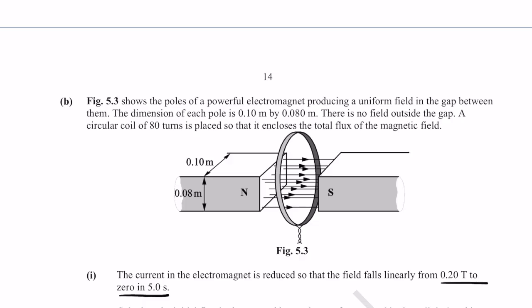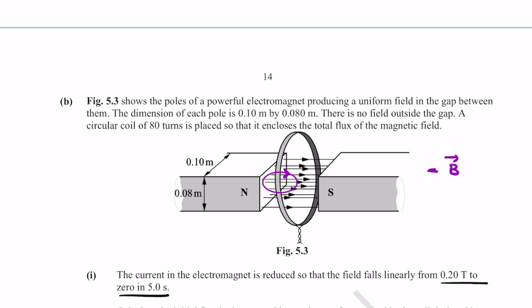It goes from 0.2 Teslas to 0 Teslas. So if the wire wants to maintain the magnetic field, it would be produced in a clockwise direction. That represents the magnetic field lines around the wire.